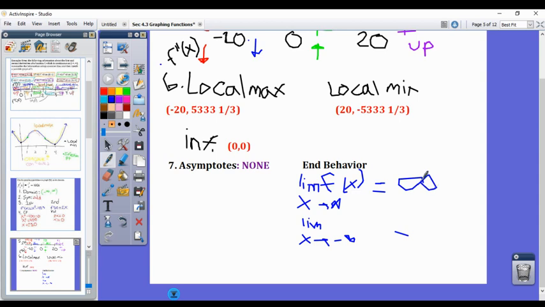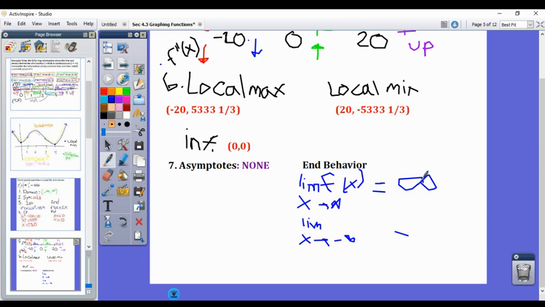Okay, and then if we look at the other end of the number line, it was increasing going from negative infinity to negative 20, which means as I'm going down to negative infinity, I'm decreasing.